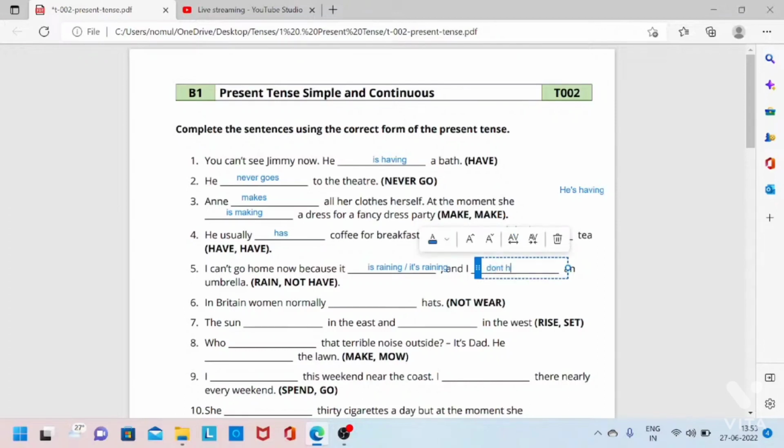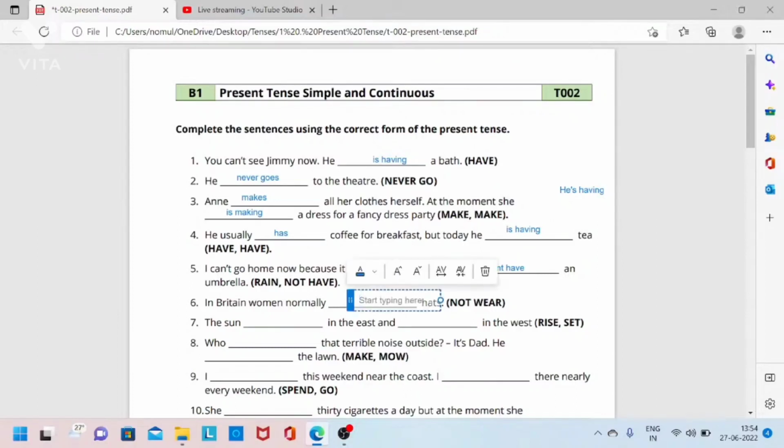I can't go home now because it is raining, and I don't have an umbrella. Not have, in the sense, don't have. Sixth one. In Britain, women normally dash hats.